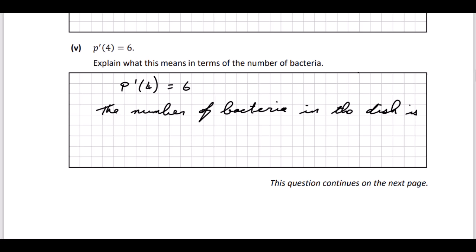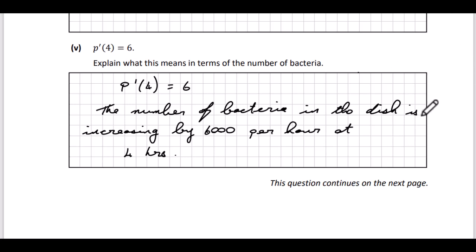Because 6 is positive, it's increasing by, now 6 is actually 6,000, because remember these numbers are in thousands, by 6,000 per hour at 4 hours. So in other words, when the time is 4 hours, the number of bacteria are increasing by 6,000 every hour. The rate of increase is 6,000 every hour.